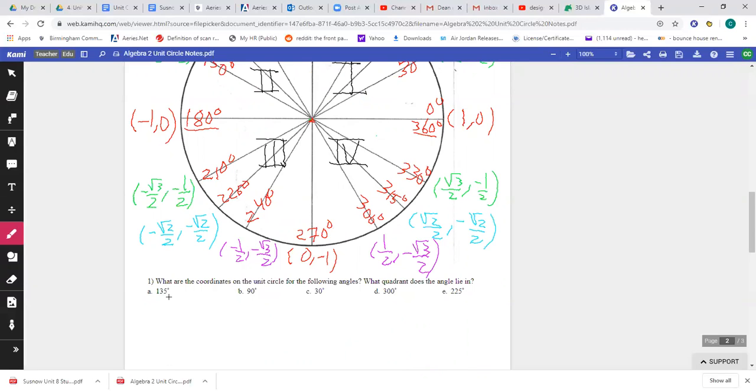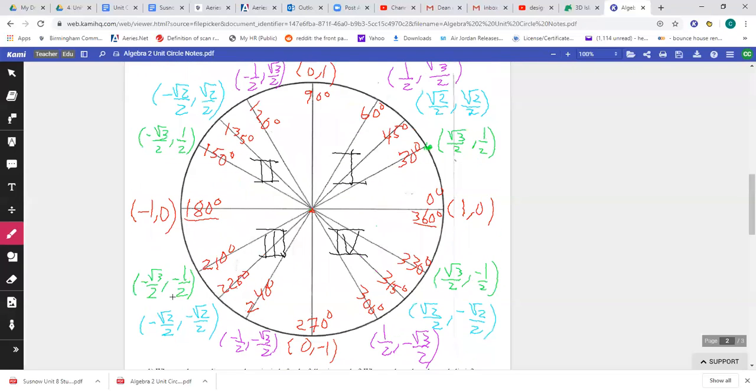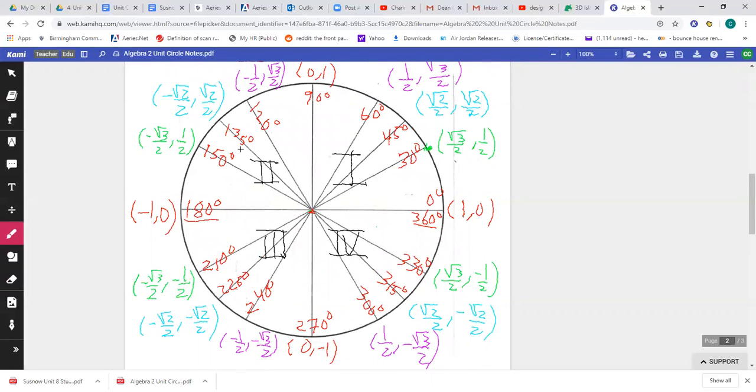It says 135 degrees. So all you have to do is go to your unit circle, find 135, and name the coordinate that goes along with 135 degrees. You see 135 is negative root 2 over 2, root 2 over 2.